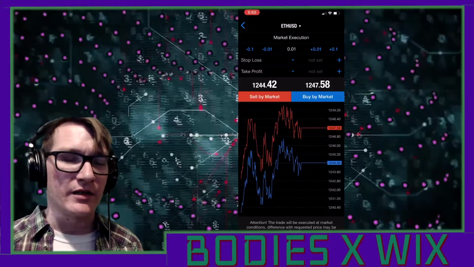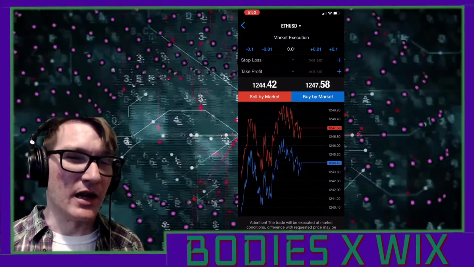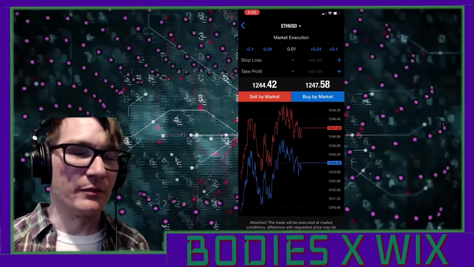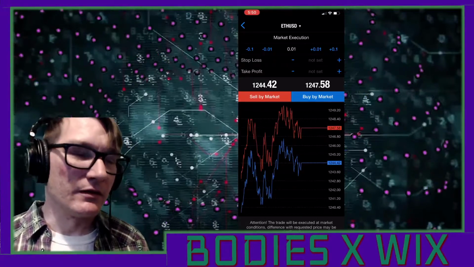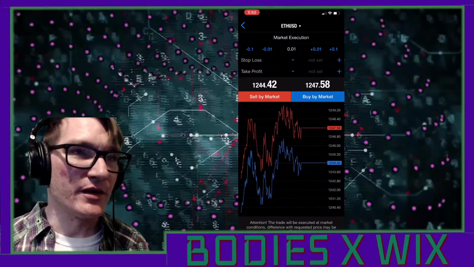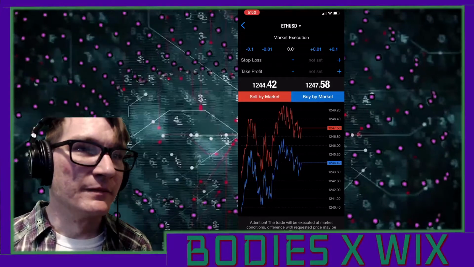So if you hit sell, it's going to be at the higher price. If you hit buy, it's going to be at the lower price. That way, by the time you get to the point where you break even, that's basically your spread. So it shows you your spread right there. And on Ethereum, it's $3.